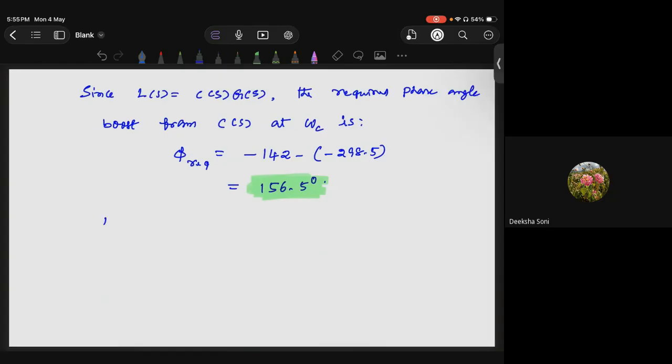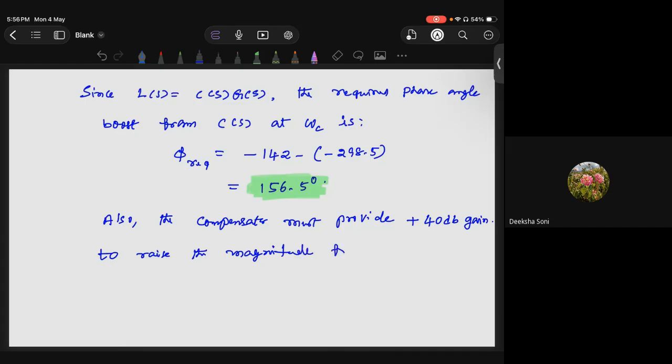Also, the compensator has to provide plus 40 dB gain to raise the magnitude from minus 39.8 dB to 0 dB. So basically we have to provide two things.